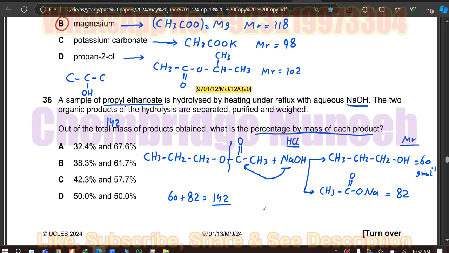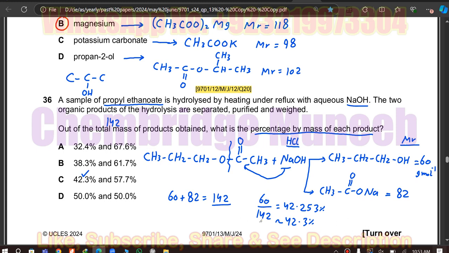Now we'll check the percentage by mass. So the percentage by mass of the first will be 60 divided by 142, which is equivalent to 42.25%, which is rounded to 42.3%. So that's the answer from one of the options.